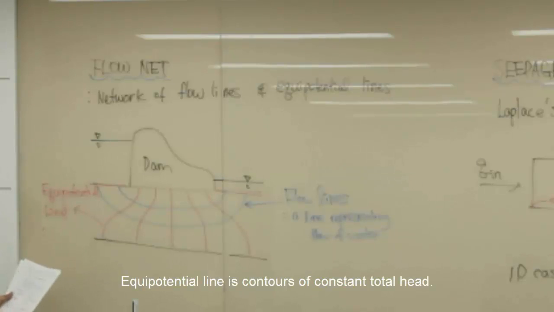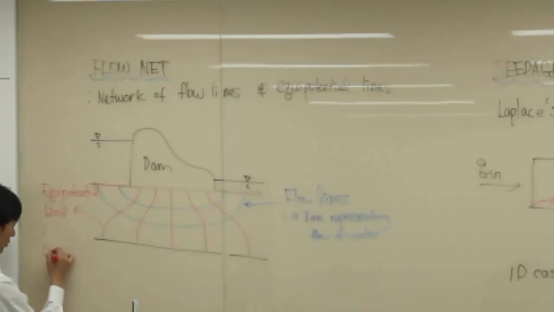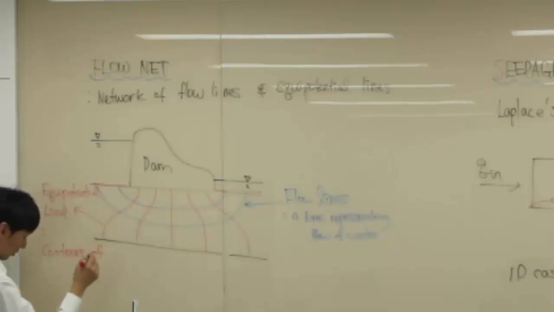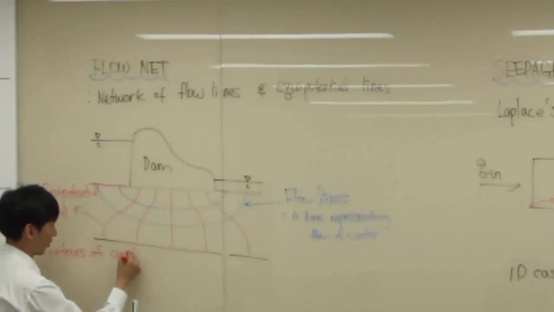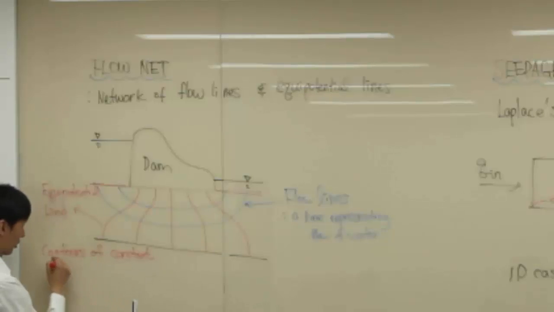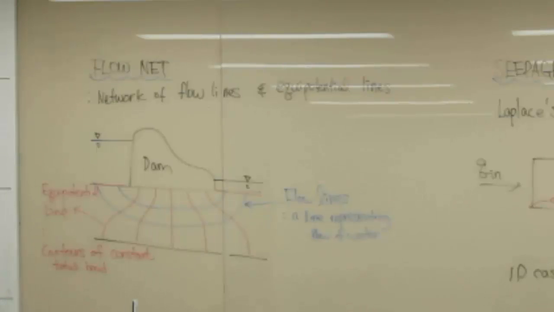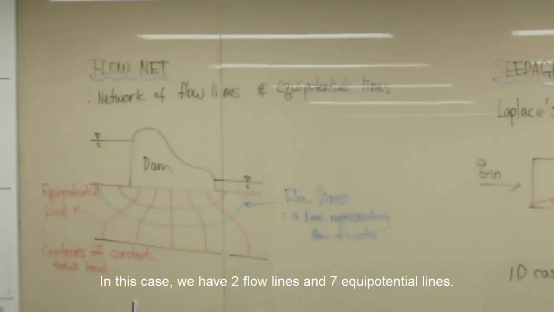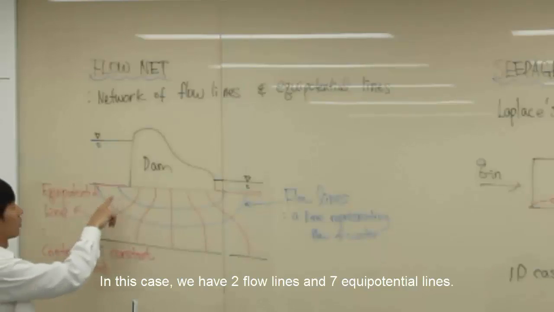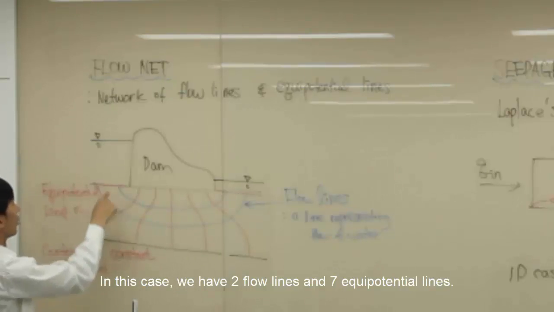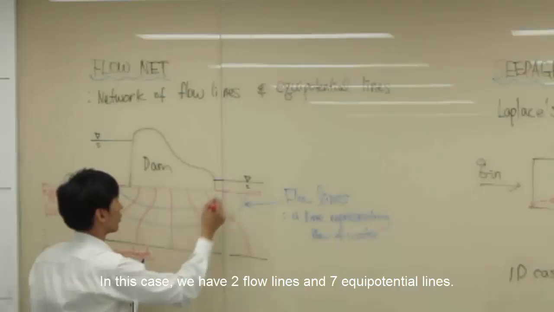So equipotential line is a contour of constant total head. So this is a contour. So in this case, we have two flow lines, right? We have two flow lines, and we have 1, 2, 3, 4, 5, 6, 7 equipotential lines.